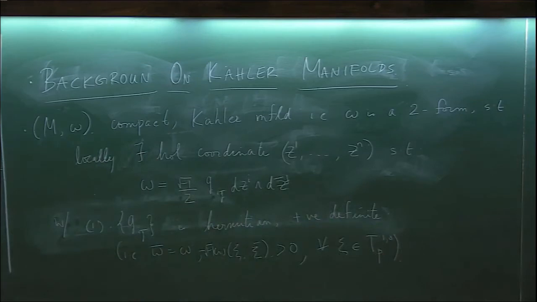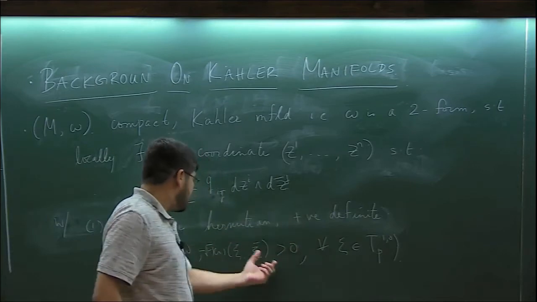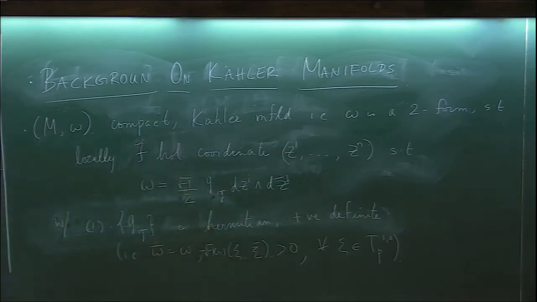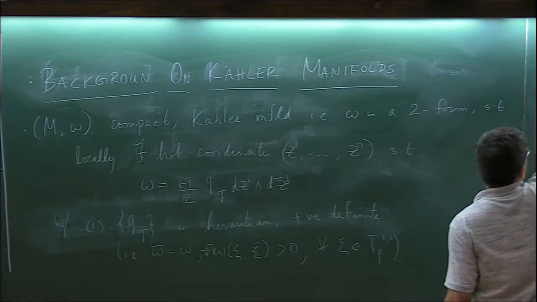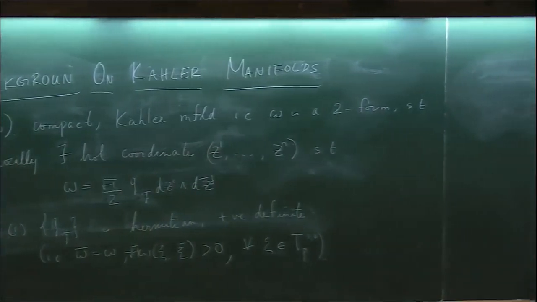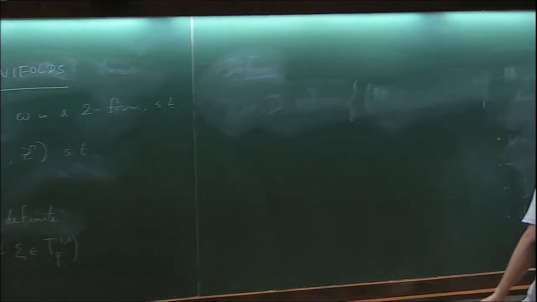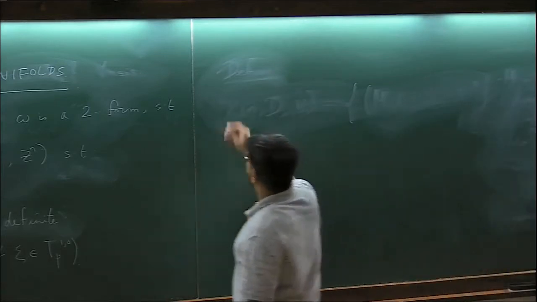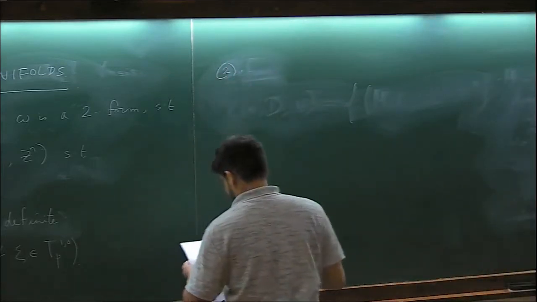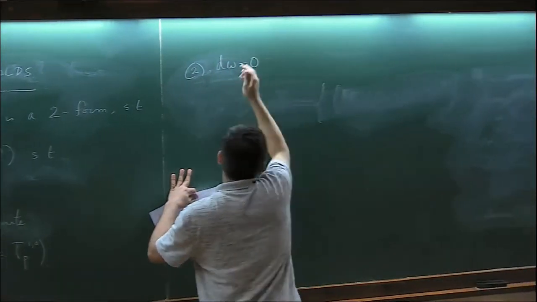So if you have seen a bit of complex manifolds, the positive definiteness gives you positivity of this form. But the Kahler condition actually says that this omega has to be not only any 2 form, but a closed 2 form.